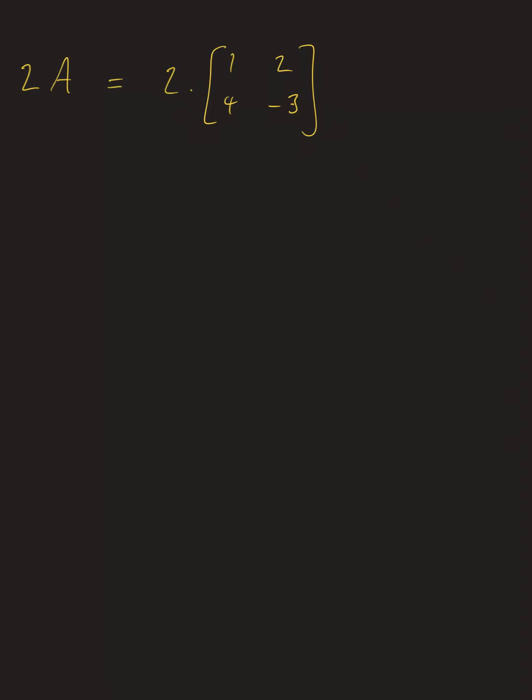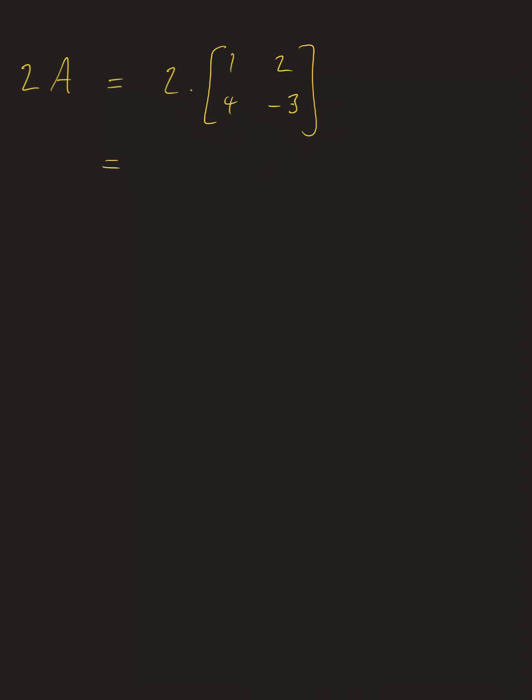Next I'll get the matrix 2 times A. So there's my A matrix written in again, 1, 2, 4, minus 3, and I multiply it by 2. And the way you multiply a matrix by a scalar, being just a number, here it's 2, you just multiply each element by that number.